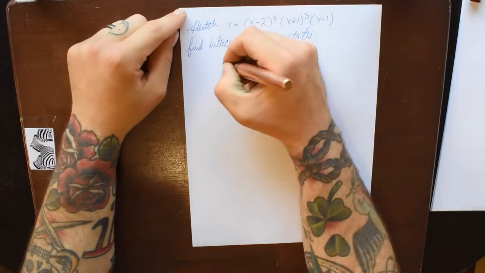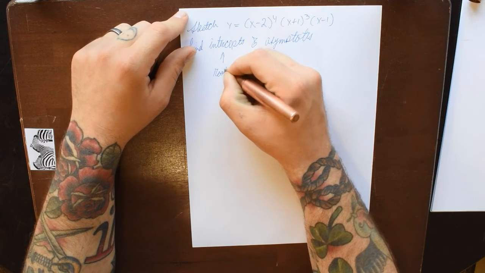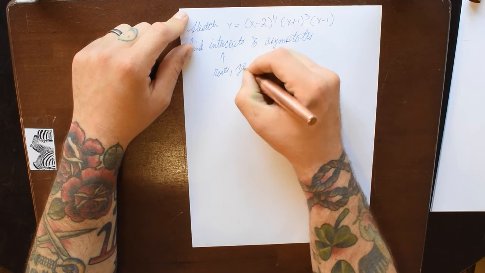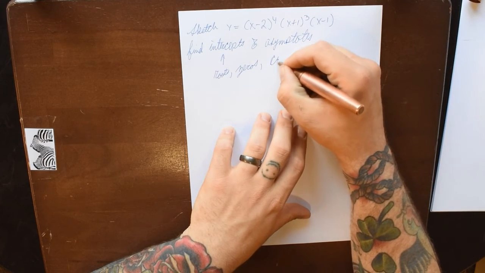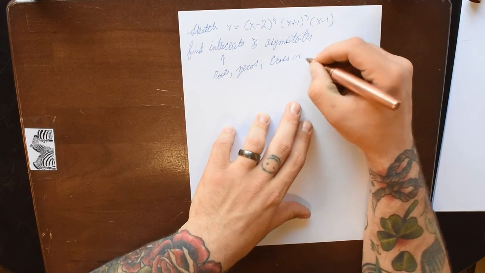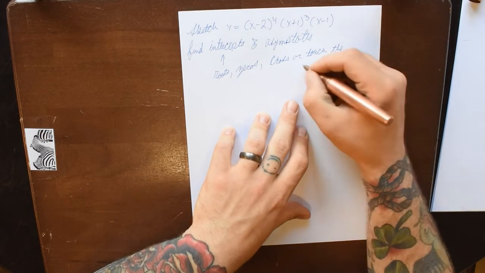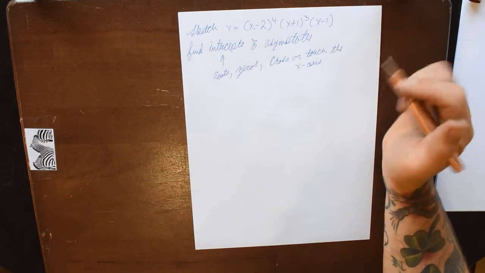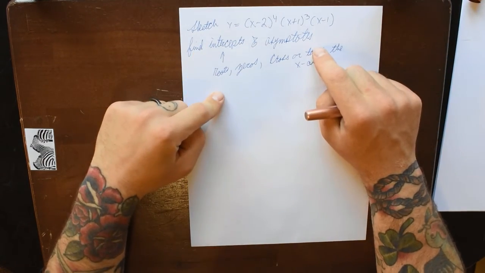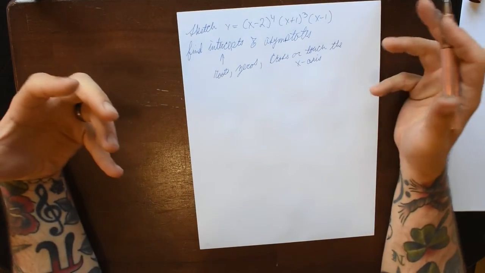By intercepts, we're talking about our roots. We're talking about our zeros. We're talking about where we either cross or touch the x-axis. All different ways of saying the same thing. It all depends on who you learned it from. Books kind of jump around.